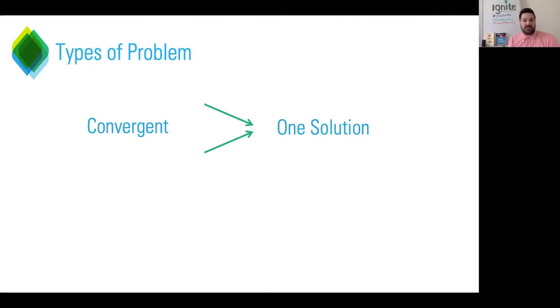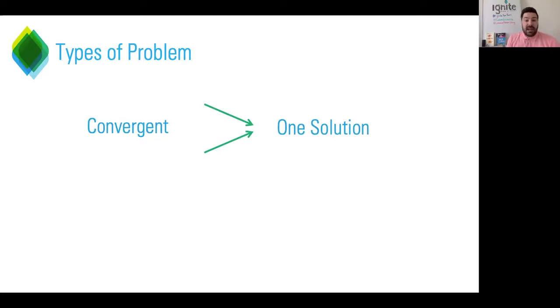Having one solution allows us to ensure that we have come to the right agreement, the right solution. Things that fall into a convergent bracket are things like maths problems. They tend to have one solution. You might have different ways of getting there, hence why convergent starts wide and then filters into a point, because yes, there are lots of different ways to do it. However, there's only one solution.